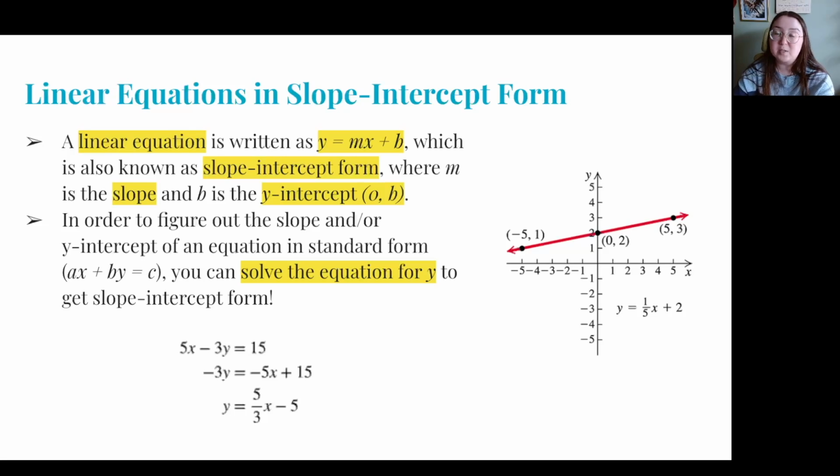And so this helps us graph lines. So having an equation in slope-intercept form makes drawing out lines and linear graphs so much easier. So it's usually better to have slope-intercept form when it comes to graphing linear equations.